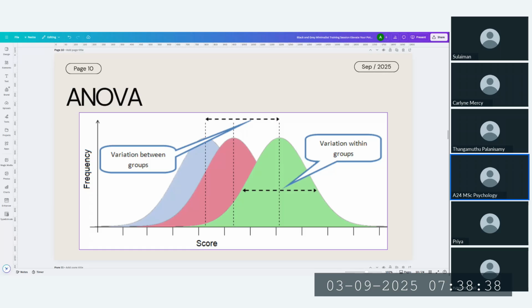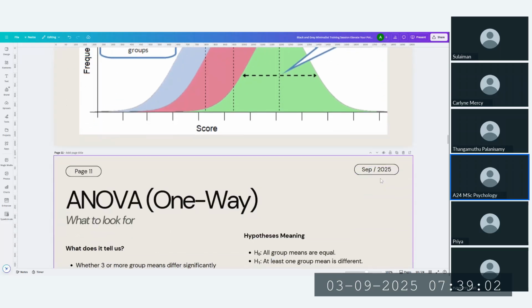You see the green curve. Within the group, what is the variation in anxiety? And between the groups, what is the mean of each group? You will analyze the variance. That is why it is called ANOVA, analysis of variance within a group and between groups. So that is what ANOVA does.